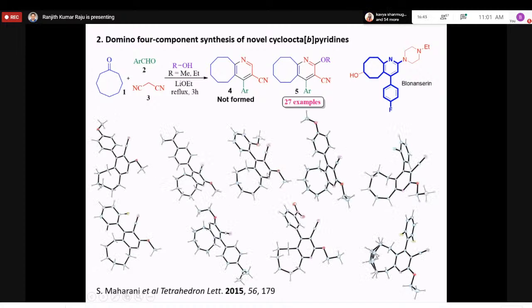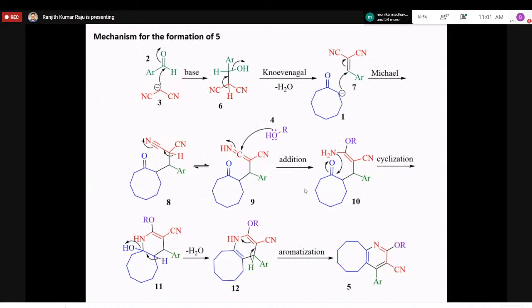So again, in this case, the student was successful in making several crystals, single crystal studies. So we illustrated the structure, and then we had to propose the mechanism. And as usual, there's an initial Knoevenagel condensation, followed by, in this case, the second Knoevenagel not taking place.